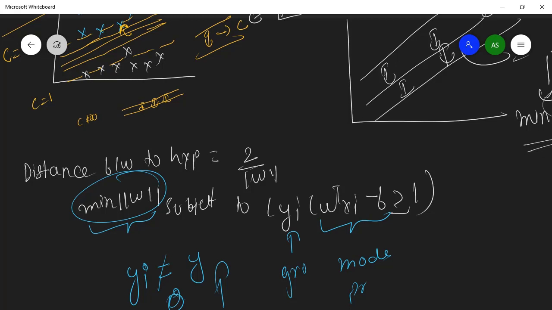I really hope that you have understood the concept that I explained, and we can write our cost function with a hinge loss.